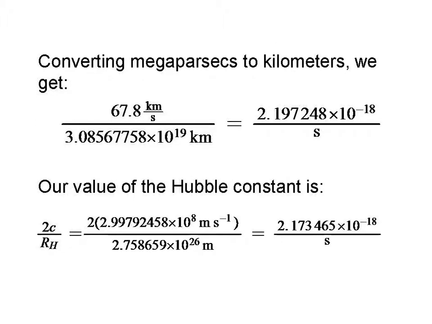If we convert megaparsecs to kilometers for easy comparison, we take our Planck mission value of 67.8 kilometers per second per megaparsec, but convert that to kilometers, and we get a value for the Hubble constant of about 2.197 times 10 to the minus 18th per second. You notice the distances cancel out. Our value for the Hubble constant, 2c over r sub h, comes to 2.173 times 10 to the minus 18th per second. You find these numbers are almost spot on.